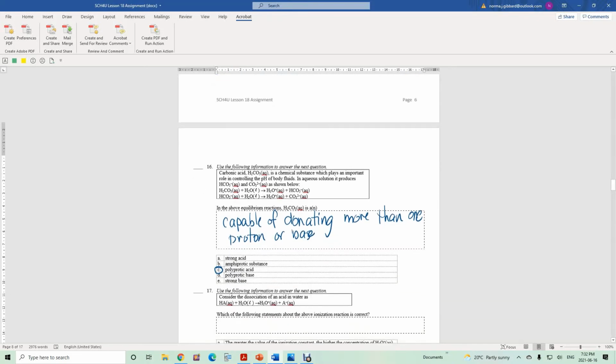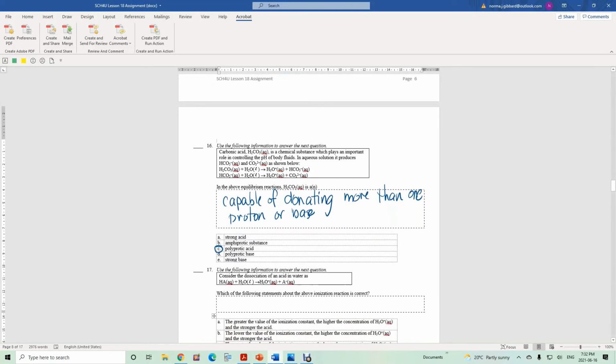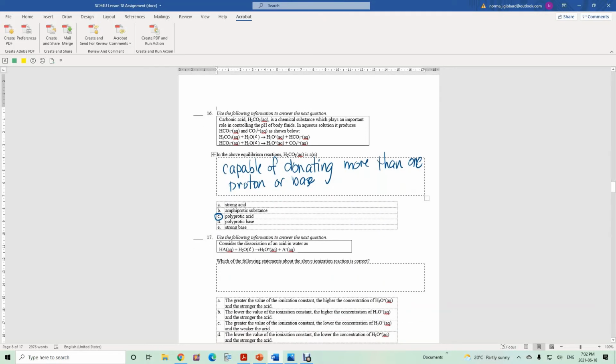Okay. Number 17. Which of the following statements is true? And the answer for number 17 is A. Okay. We know that HA is the proton donor, H plus is the proton, and A minus is the conjugate base.